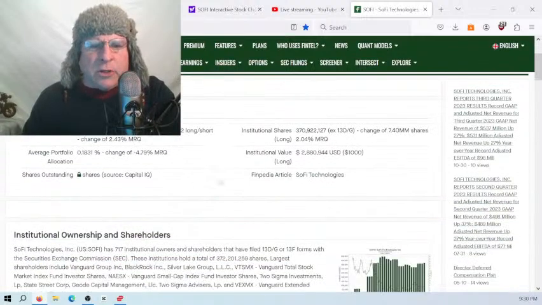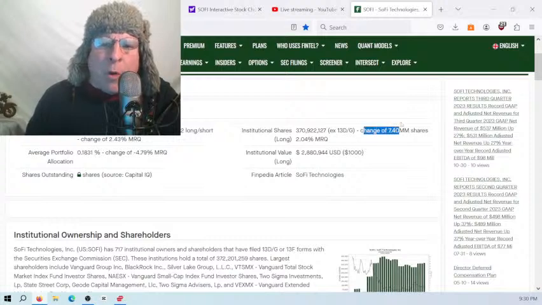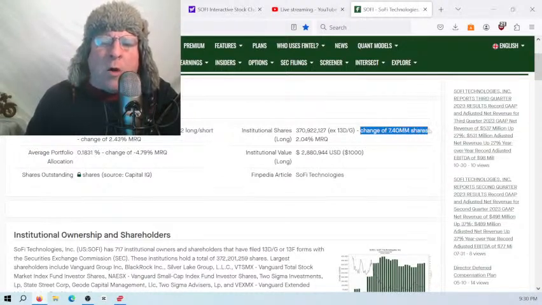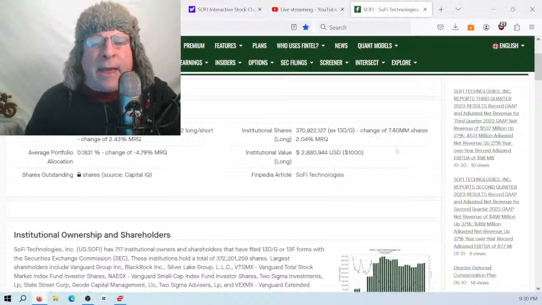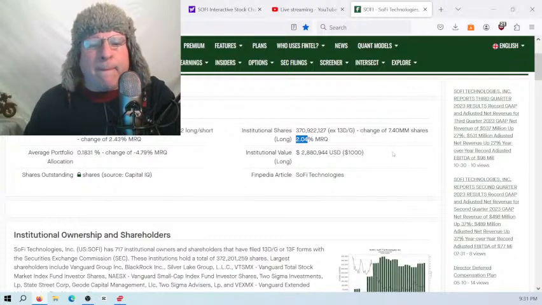So there you go again, folks. You can see institutions have increased, with today's institutional ownership change of 7.40 million shares, everybody. That's longs going up 2.04%.